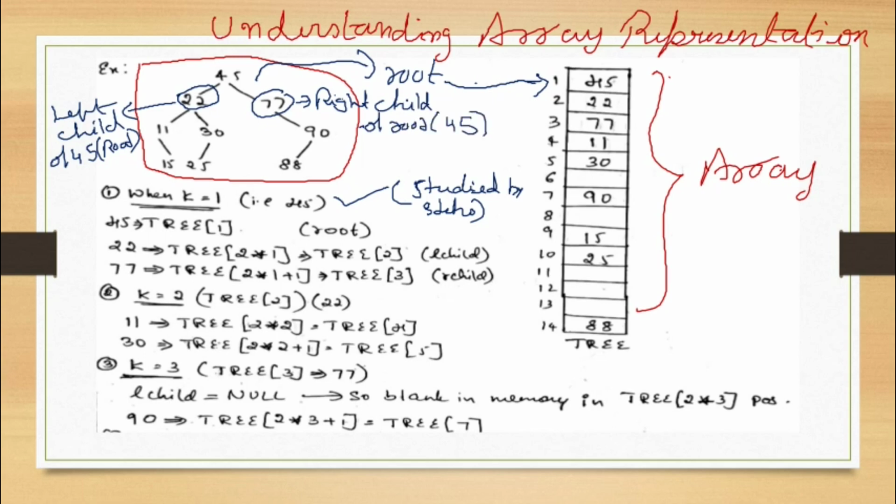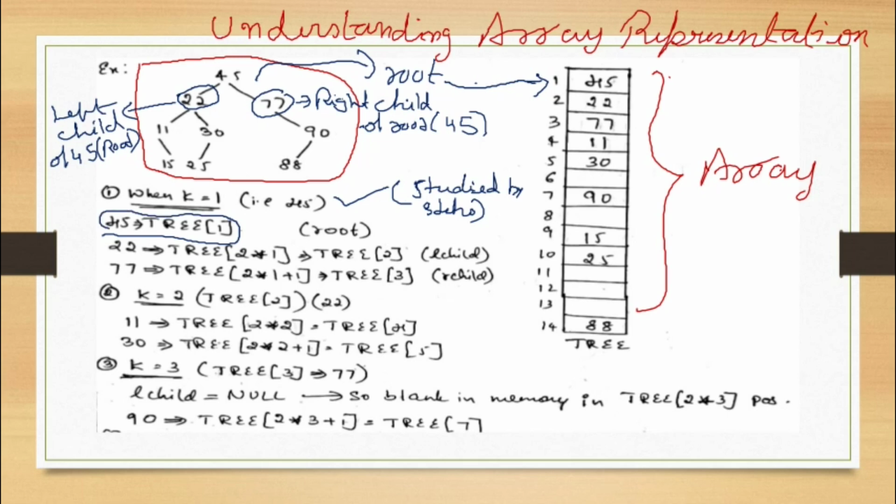You need to understand this. If you understand how to store 22 and 77, then all other things follow as they are. So when k is equal to 1, that is 45, how do you find the left subtree? As written here, 45 is stored in TREE[1].